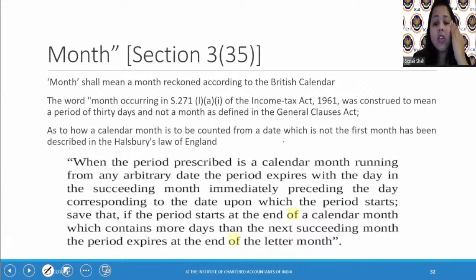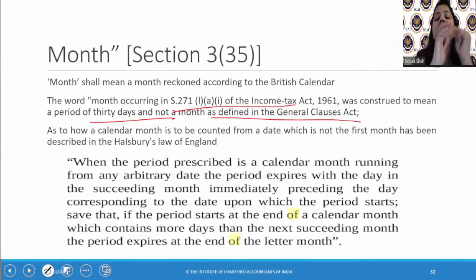Next is the definition of the word month. So month means the month as provided for in the British calendar. Some months are for 30 days, some months are for 31 days. But if you look at the word month that occurs in section 271 of the Income Tax Act, it was construed to mean a period of 30 days and not a month as defined in the General Clauses Act.